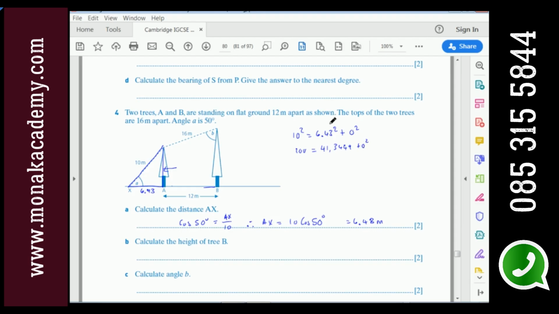We take the 41 the other side. Then you square root your answer. What is our answer there? 58.6551.